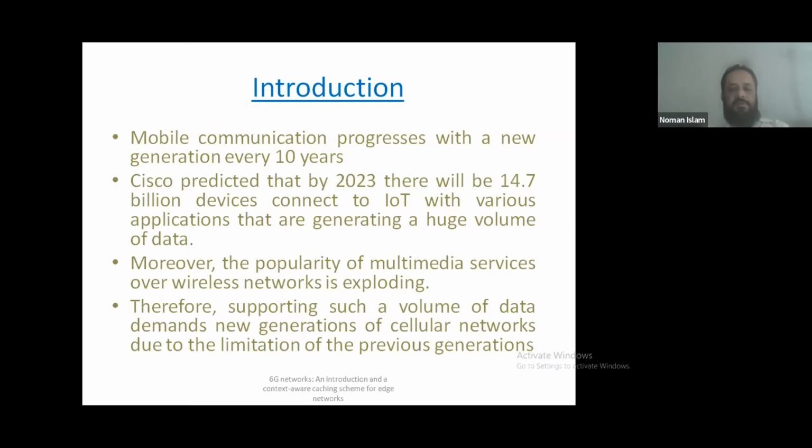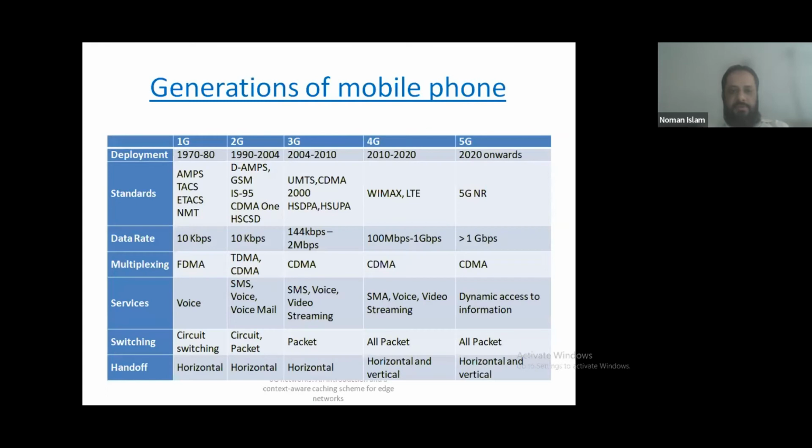People are trying to use the cellular networks for browsing multimedia content and social networks. Supporting such voluminous data is not possible by the 5G networks. So let me first summarize the earlier generations, and then I will talk about why we need the 6G network.